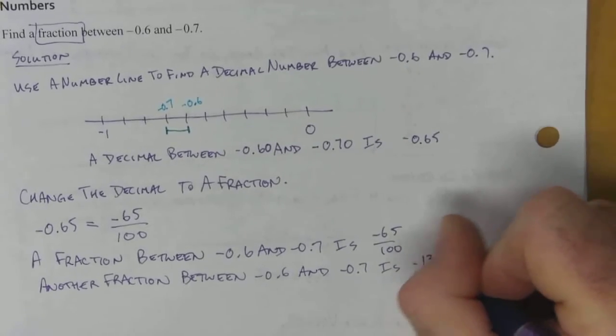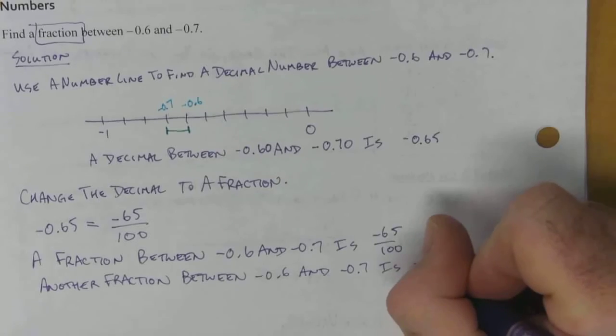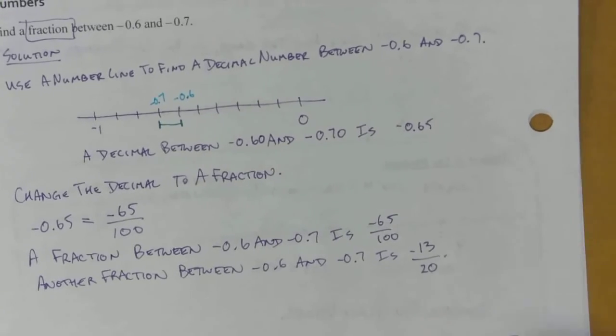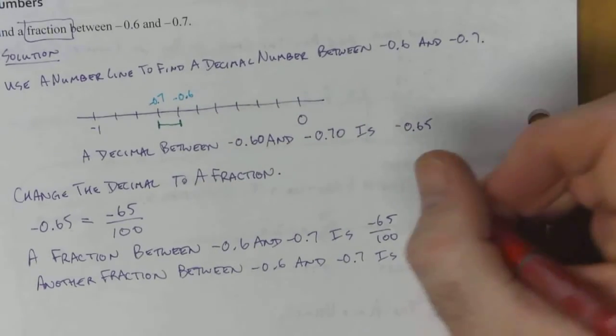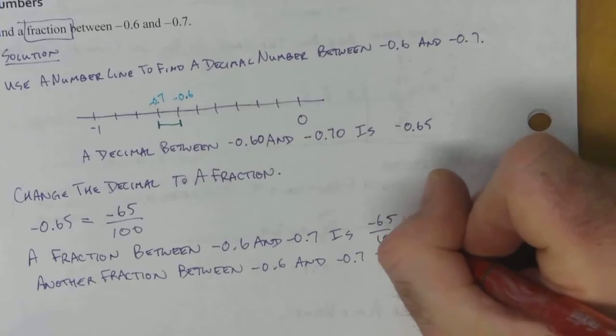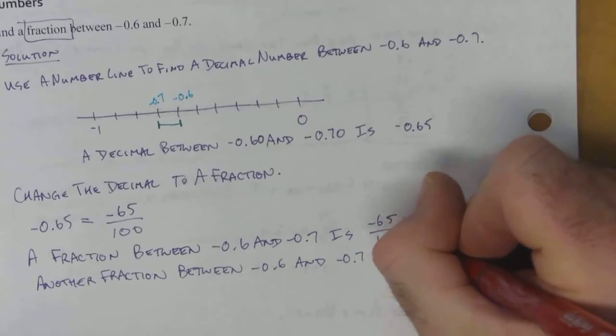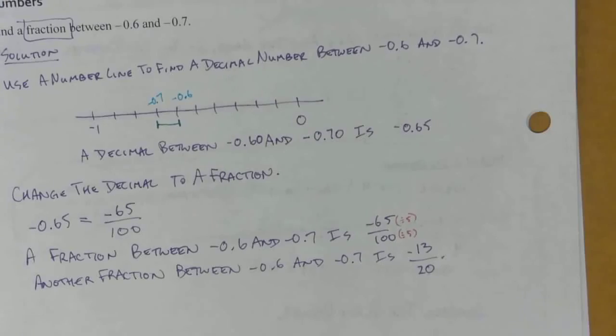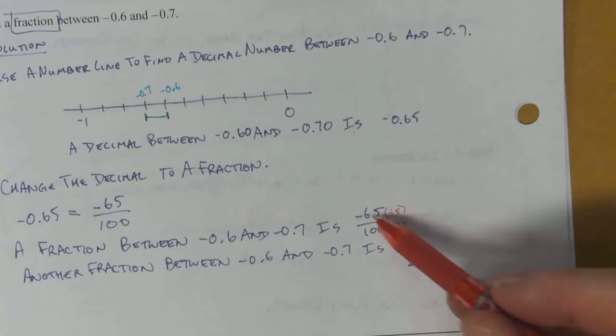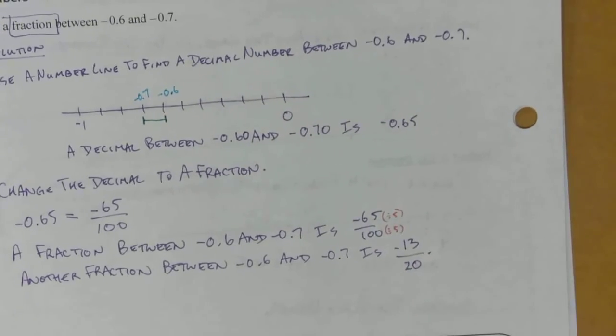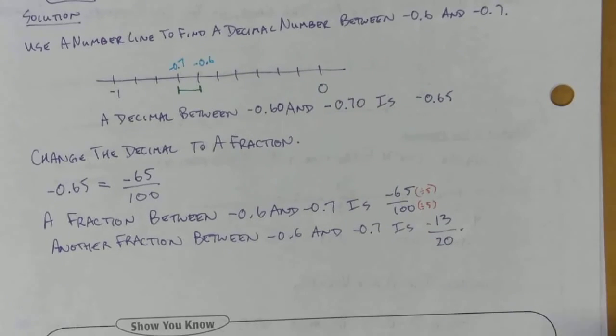So if we did that, we get negative 13 over 20. And I'll just mark here, divide by 5, to show you how we went from this fraction to this fraction. They're equivalent fractions, so they have the same value, but they are different fractions.